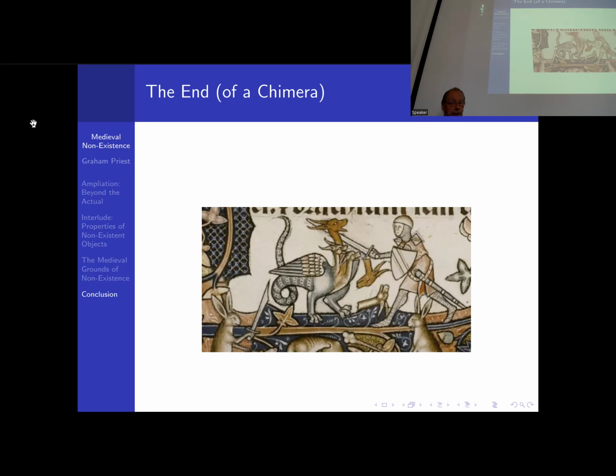But that leaves the question of what to say about the case where you've got a description, a quantified phrase, as the object. There's a discussion of that in Towards Non-Being, as you probably remember.